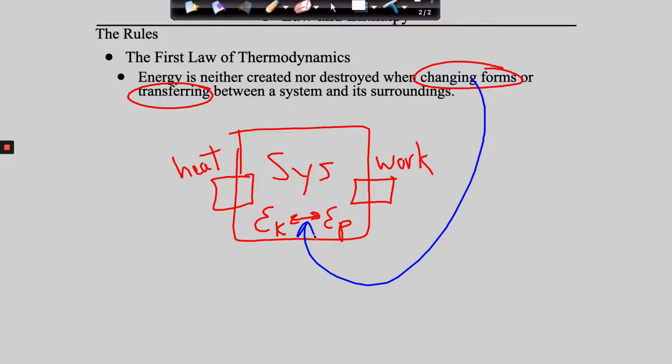But then, guys, when we talk about transferring, where did those lines go? Where did those arrows go? To heat and work. And guys, those arrows are talking about things that we've already discussed. The only way for energy to get in and out of a system is work and heat. You guys settled with this?